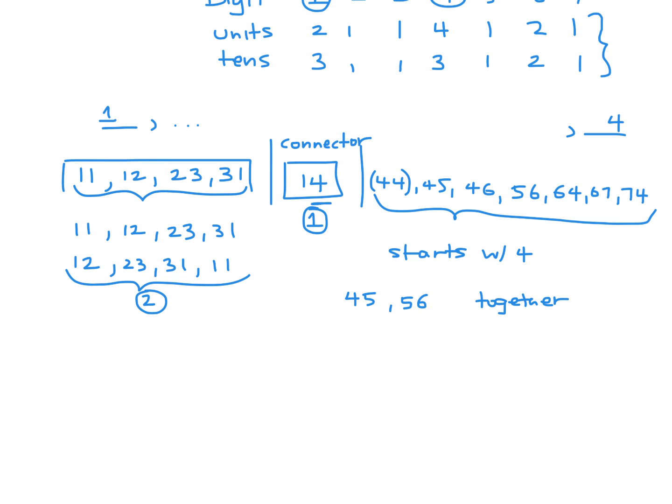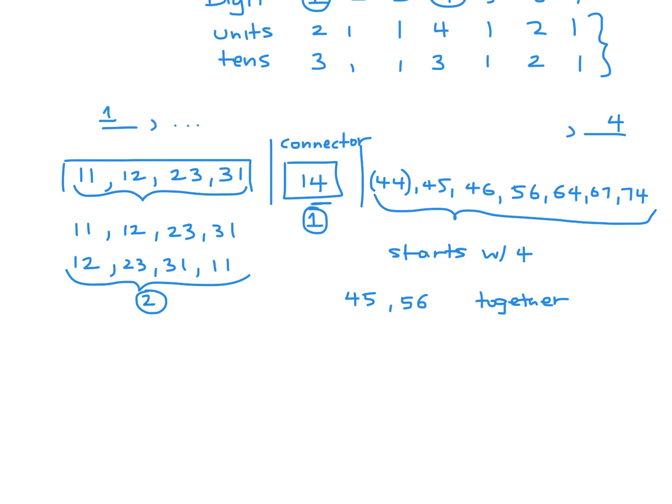And if we start with a 46, oh, then you got two choices. You got a 64 and a 67. Aha. So it's not as easy as I originally thought. Okay, so 45 and 56 go together. And then after 56, you can have 64 or 67.